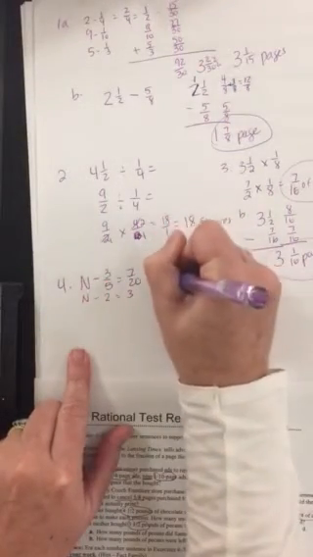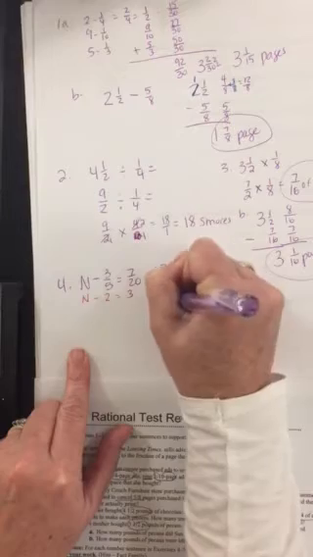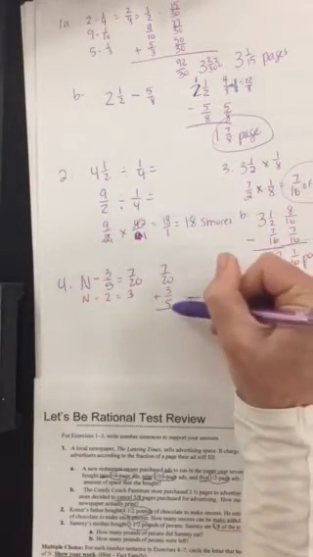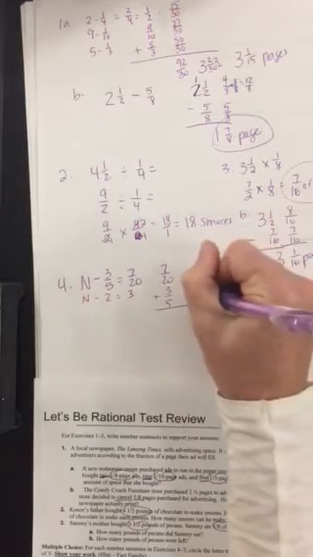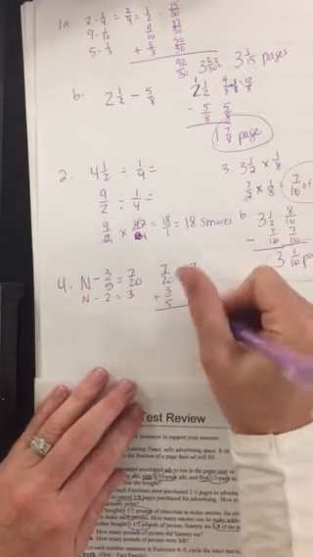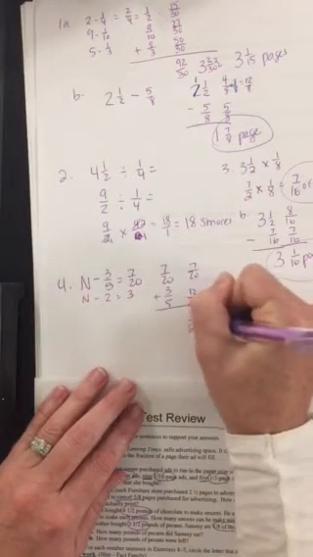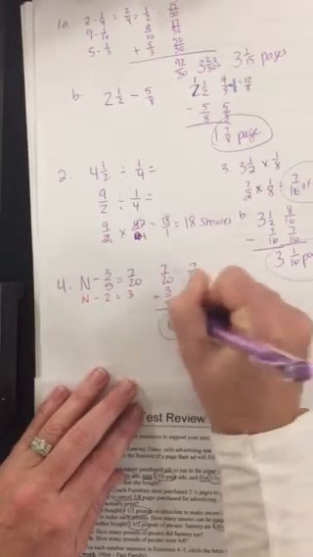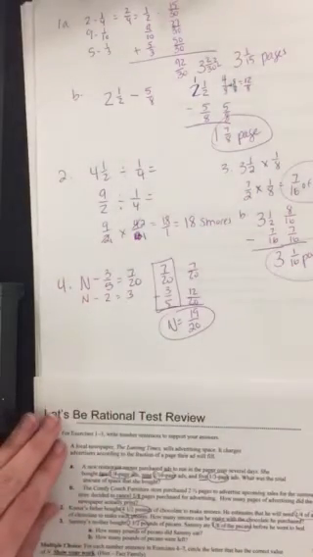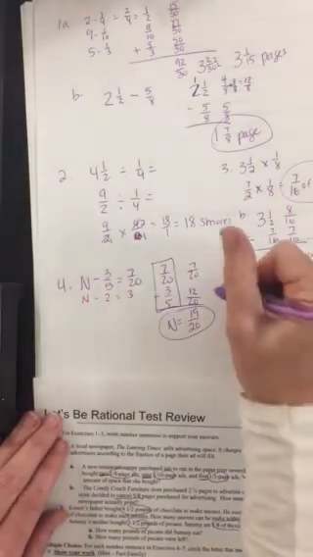So 7/20 plus 3/5. If I'm adding fractions, I must have a common denominator. 5 times 4 is 20, 3 times 4 is 12. 7/20 plus 12/20 is 19/20. So n equals 19/20. I must see this as well for full credit. And that is C.